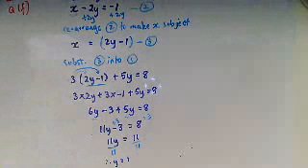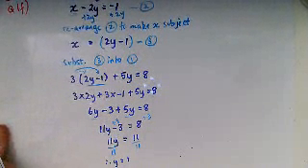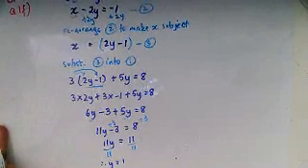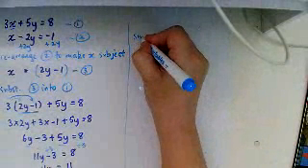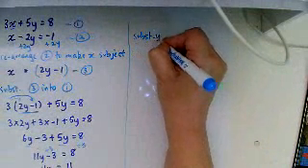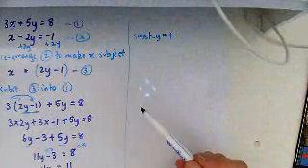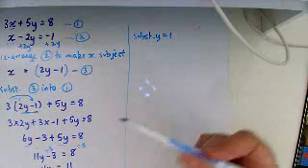So then what we have to do, once we've got y equals 1, we've got one value, we need to find the value for x. So we can substitute y equals 1, and the easiest equation to substitute it in is equation 3 because that's already in the form of x equals.